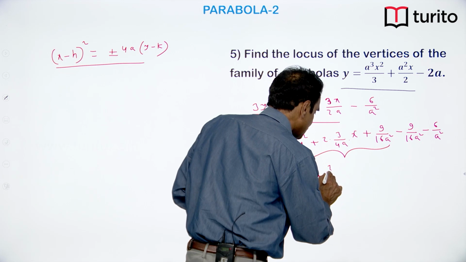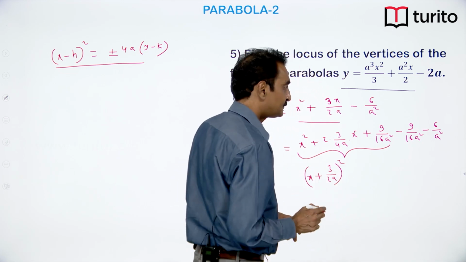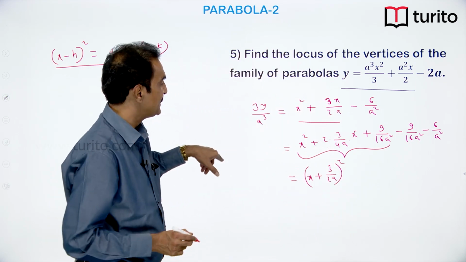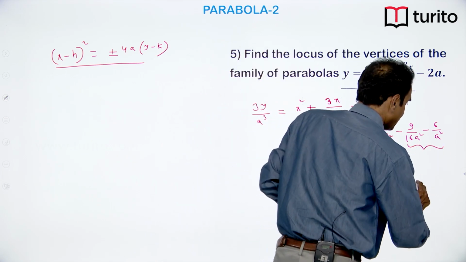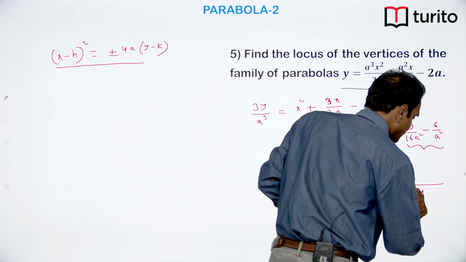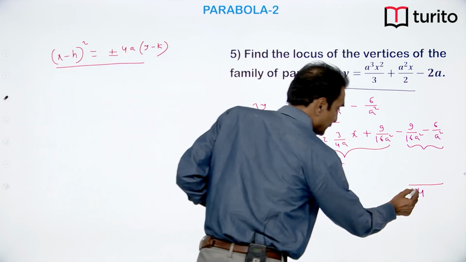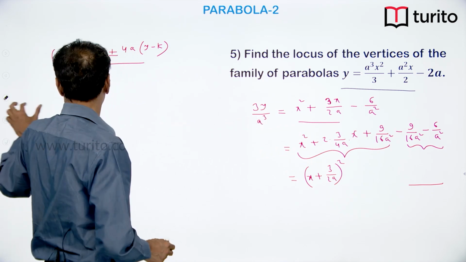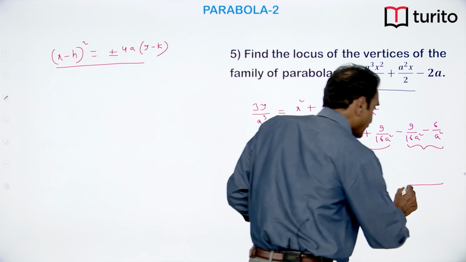x plus 3 by 4a whole square is equal to, take all those terms this side, combine these two first, 16a square LCM. LCM of 16a square and a square is 16a square.